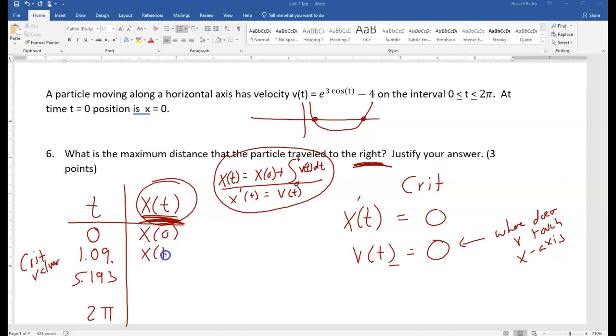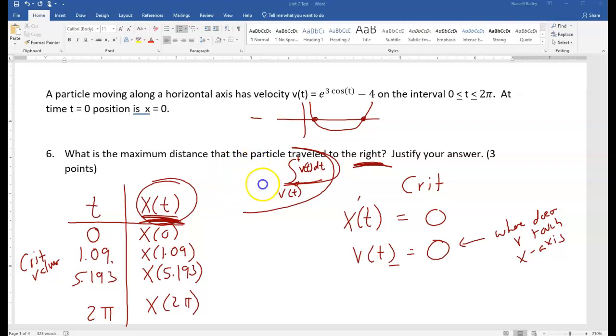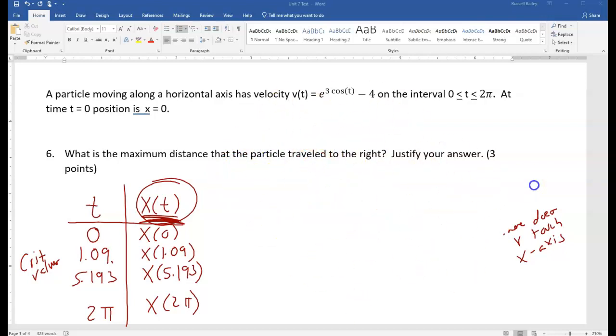We need to find x of 1.09. We need to find x of this, and finally x of this. And we're going to see which one ends up giving me the point that's farthest to the right. Now, here's my x function up here, right? Let me actually rewrite this a little bit so you guys can see it a little bit better. So my position function is equal to the starting position at t equals 0.